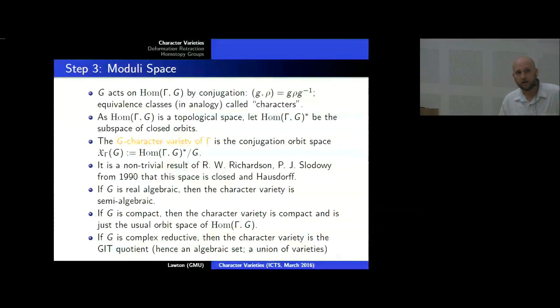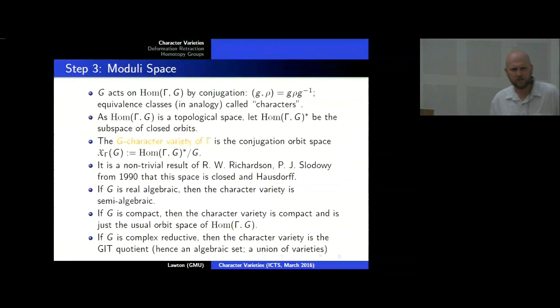And if capital G was GL or SL or Sp or lots of other groups, then even though we're conjugating by G and not GL, the space is in bijective correspondence with traditional characters, and hence the name character variety. But in general, it's a bit of a misnomer. It's generally not a variety, nor given by characters. But in many cases, it is both.